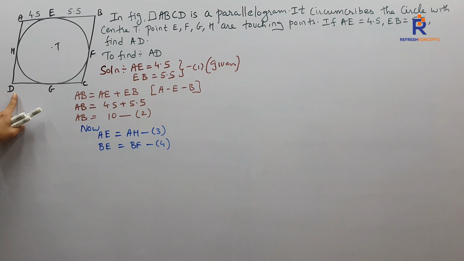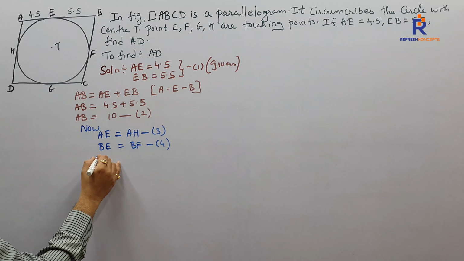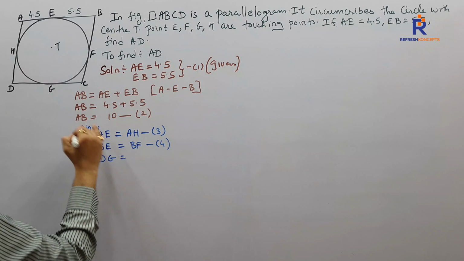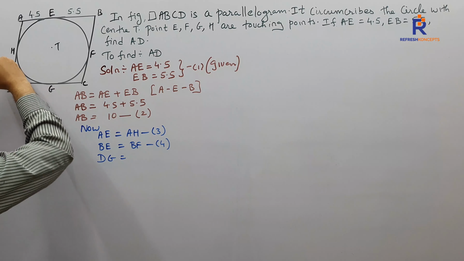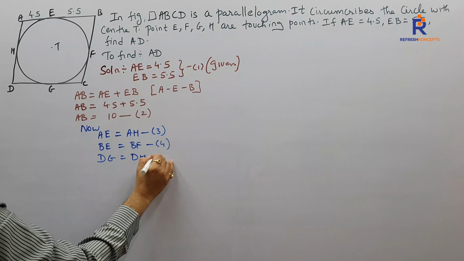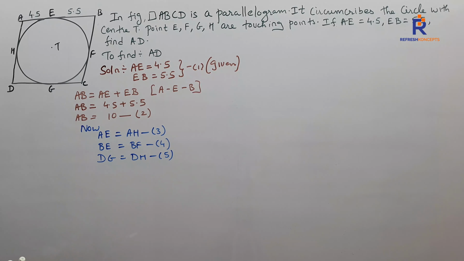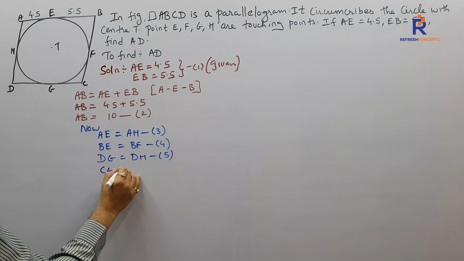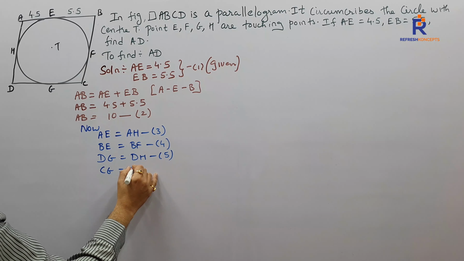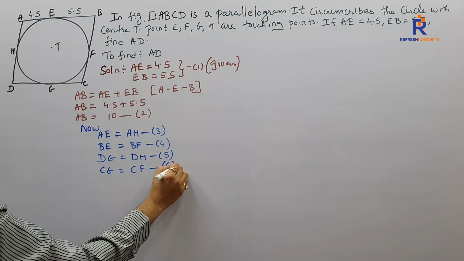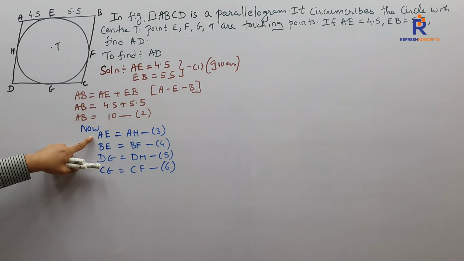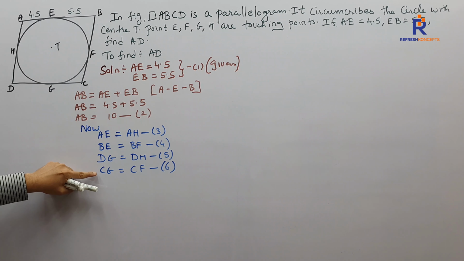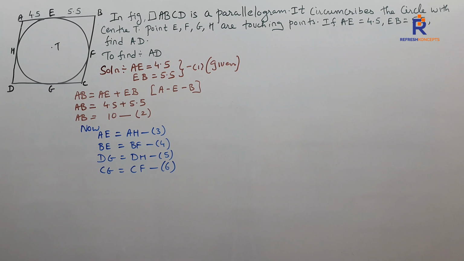Thereafter, I go with DG is equal to DH. Equation number 5. And then I say CG is equal to CF. Equation number 6. So with A external point, with B external point, with D external point and with C external point. Right, children?